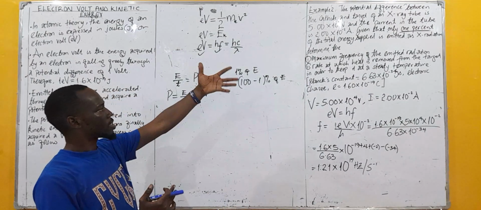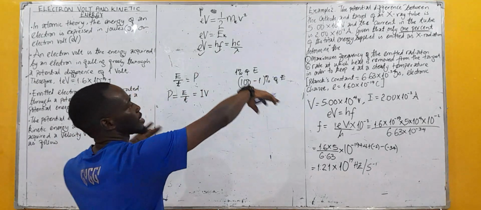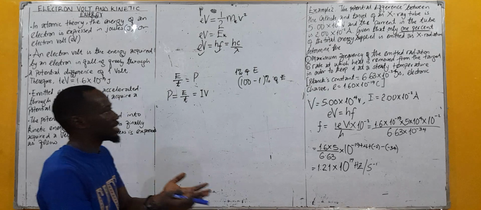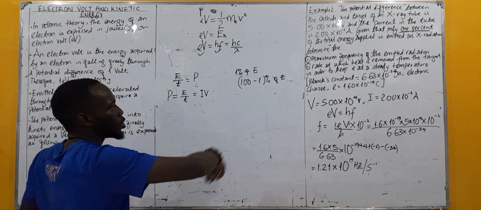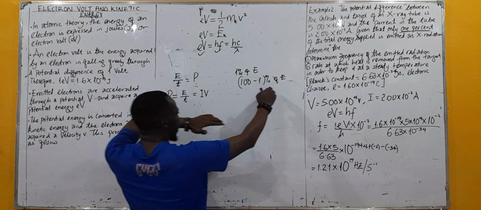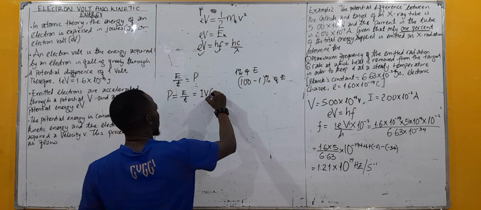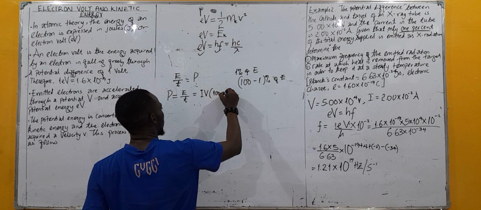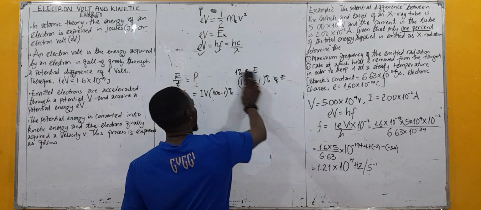So if 1% of the total energy supply is emitted as X-radiation, and we have to find the rate at which the heat is removed from the target in order to keep it at steady temperature, it's now the remaining part, which is 100 minus 1 percent.